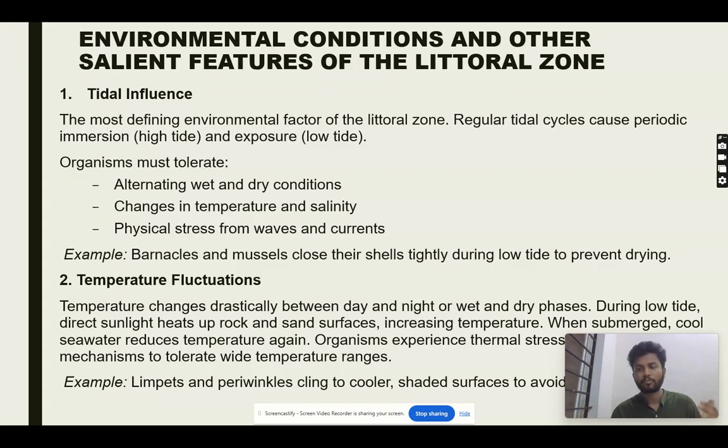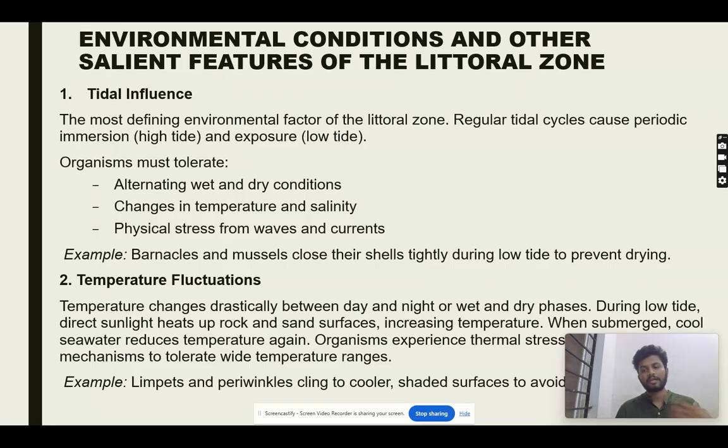So that is a periodic motion. Tides are the most important factor, which governs all the other abiotic factors in the littoral zone. Regular tidal cycles cause periodic immersion at high tide and exposure at low tide.